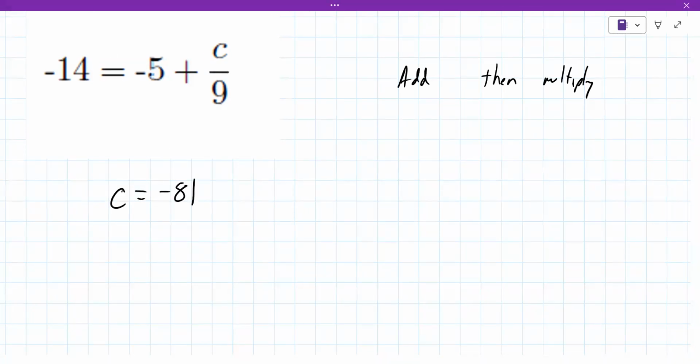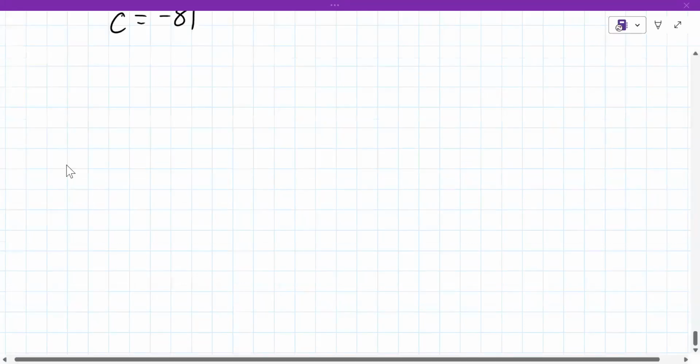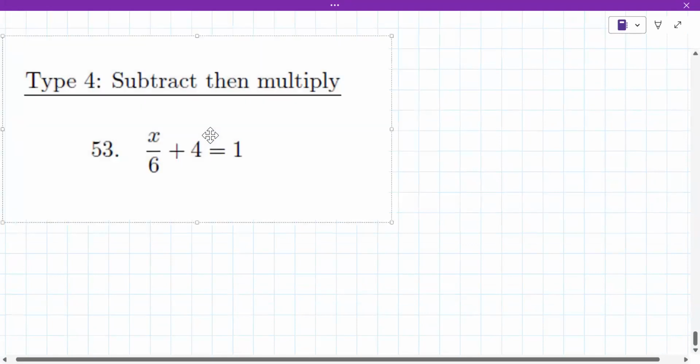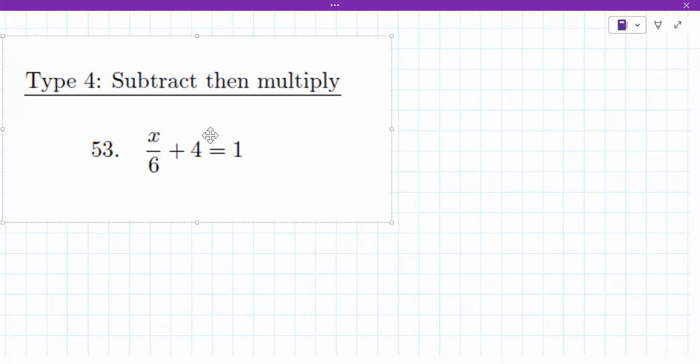Okay, so now we're going to move to a different type of problem. And then if we have time here, we will put it all together and do a mixture of everything. So here we go. These are now all subtract, then multiply.